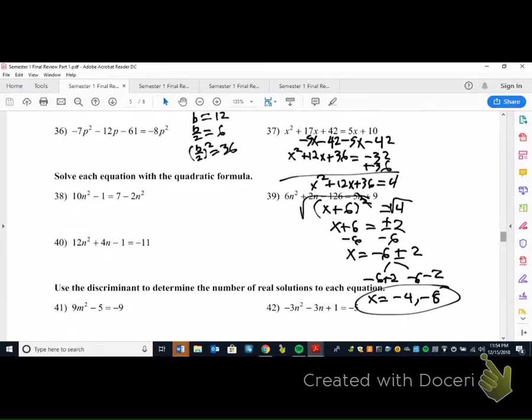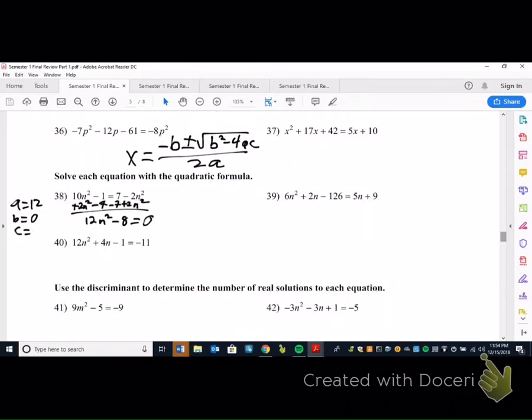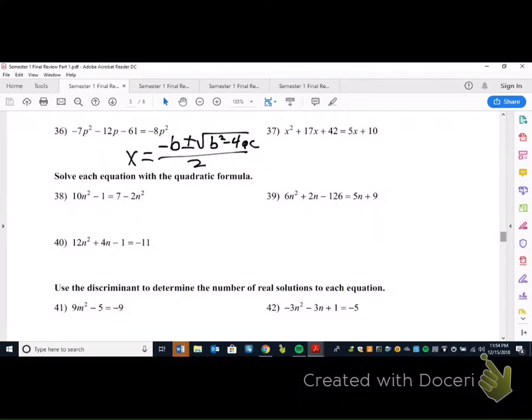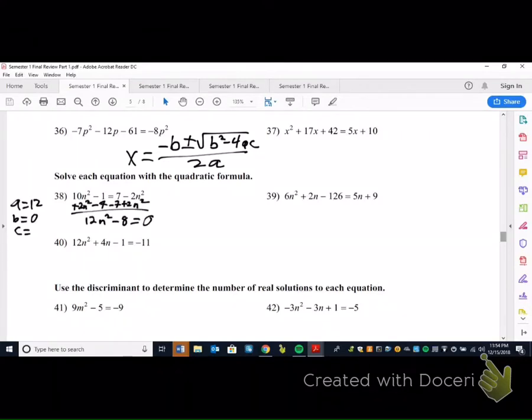And then 38, 39, and 40, we're going to use the quadratic formula, which looks like that. We're going to identify our A's and B's and C's, plug it in.